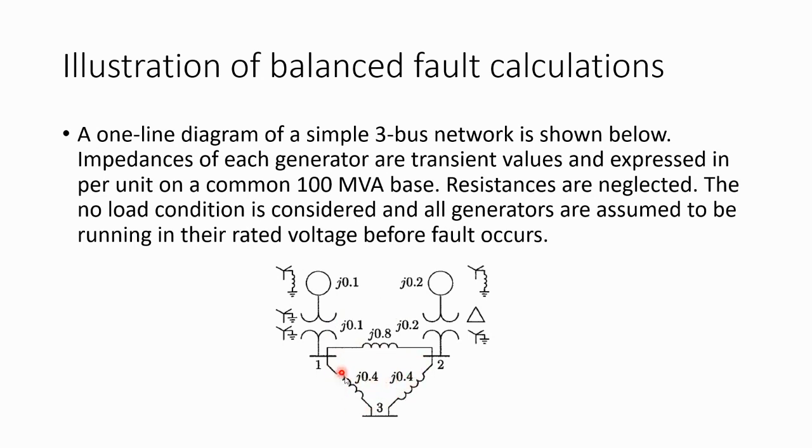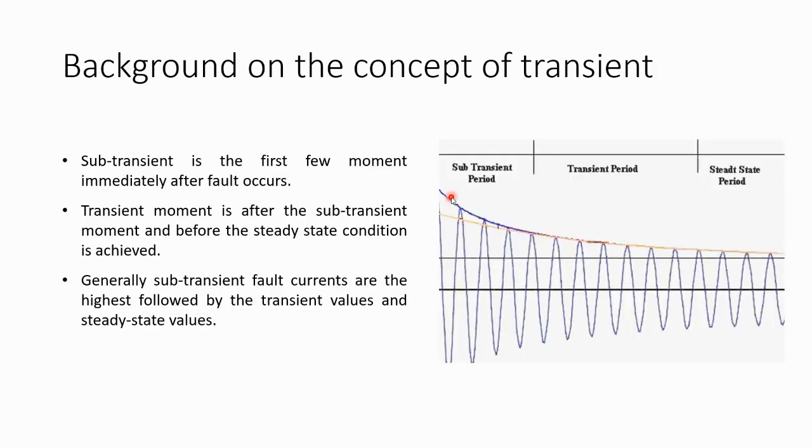That is to say that there will be no voltage drop across the line, and all generators are assumed to be operated in their rated value before the fault occurs. And one important thing that we need to take note is that the impedance of each generator, as given over here, they are in their transient values, which I will explain the concept of transient in the next slide.